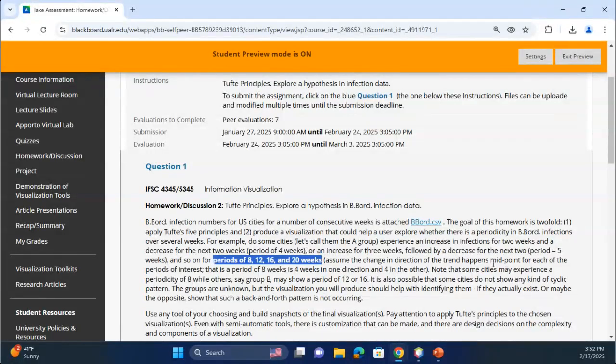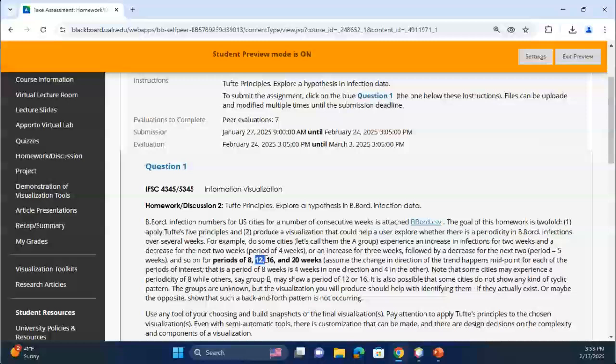Also, to keep it simple, assume that the trend happens at the midpoint. In other words, it's not like I go up for 2 weeks and go down for 6. For 8, it's always 4 and 4. That's what I mean by midpoint. For 12, it's going to be 6 weeks and 6 weeks.